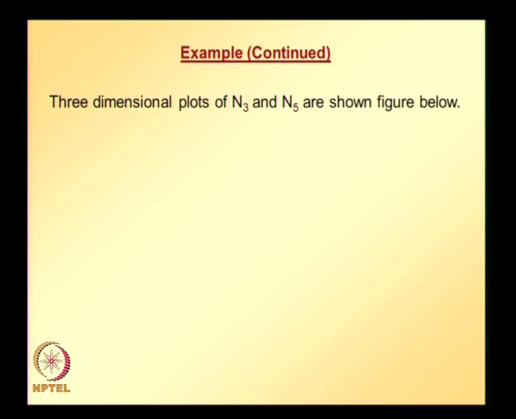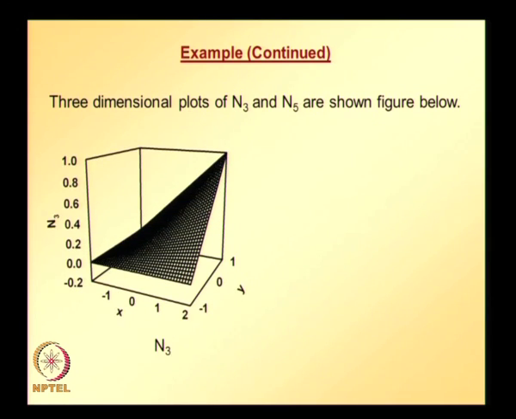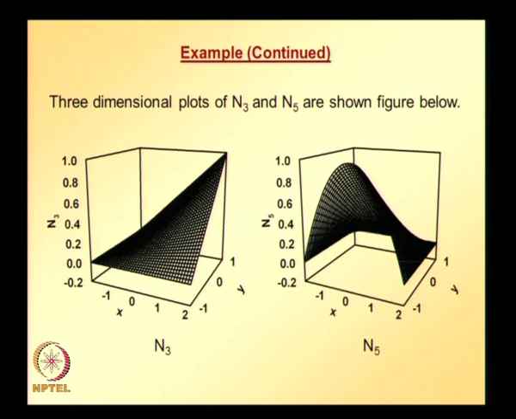So, 3 dimensional plots of 2 of the shape functions, namely n3 and n5, are shown, and this is how n3 varies over the domain of that particular element, and this is how n5 varies. So, for any other noded element, for example a 7 noded element, the shape functions can be easily obtained from the table.